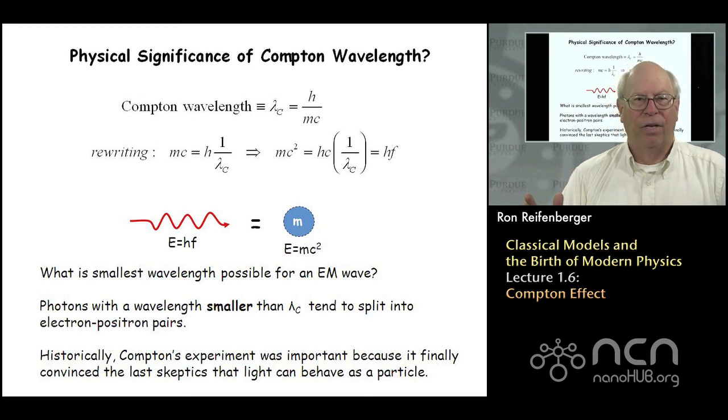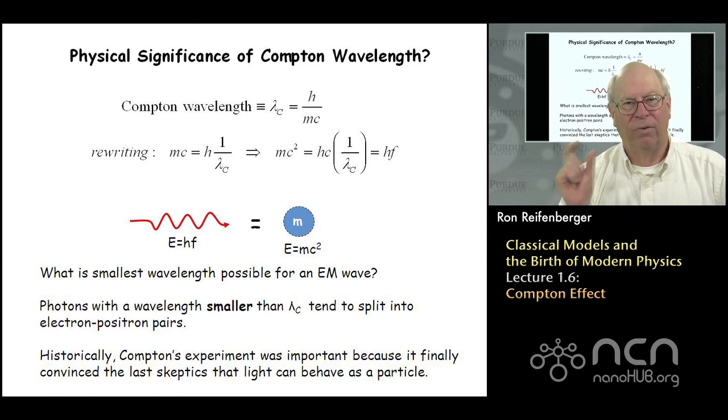But when Compton analyzed his data by treating light with a frequency f to have a specific energy and a specific momentum, and when he was able to do the kinematics of that collision between the photon and the electron, the agreement between his theory and experiment finally convinced the last skeptics that light is in fact a particle.